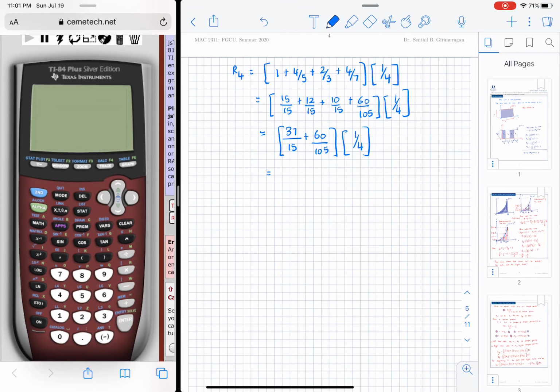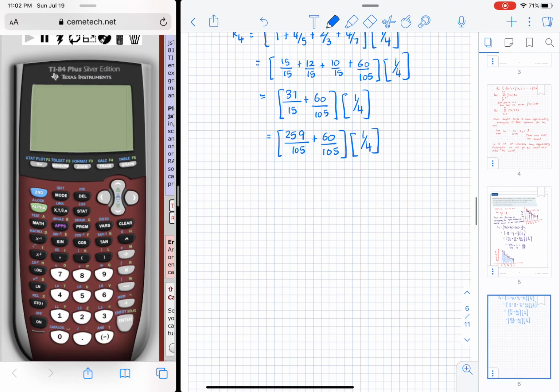So I'll have 259/105 plus 60/105, multiplied by 1/4. So 259 plus 60 is 319/105. Get 1/4.